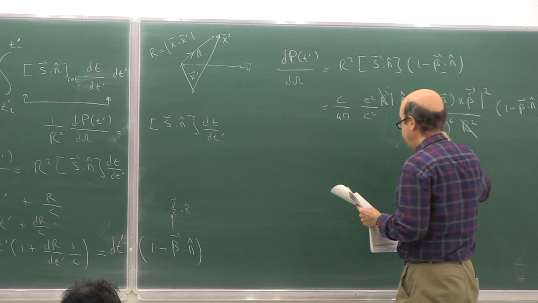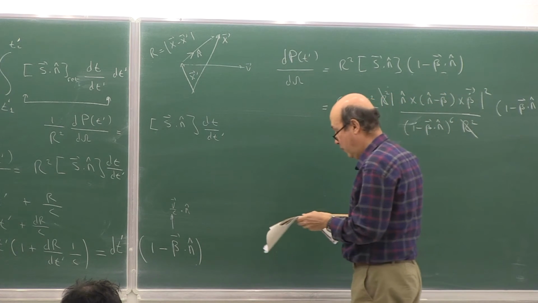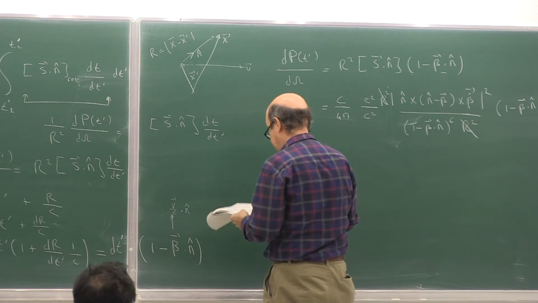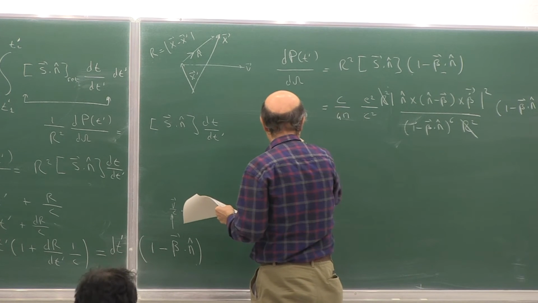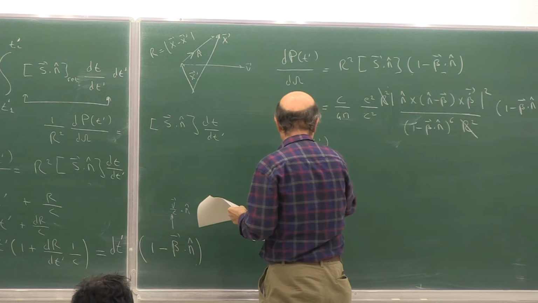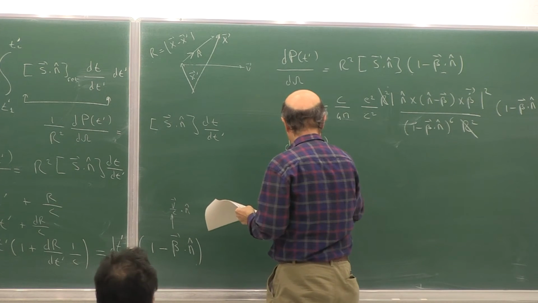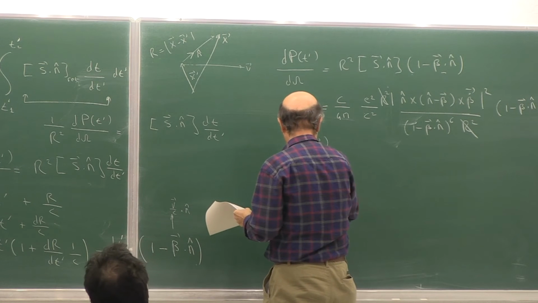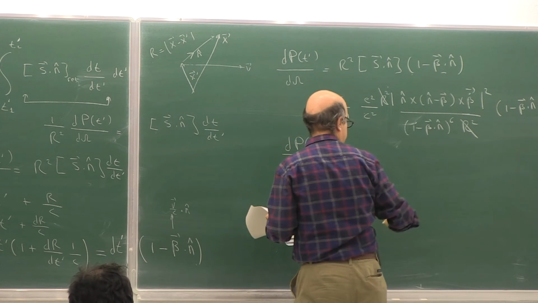So basically one factor of 1 minus beta dot n decreases. So the angular distribution of the radiation with respect to the solid angle will be the following.